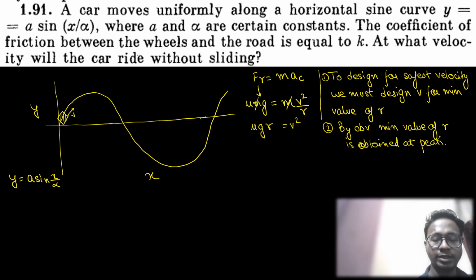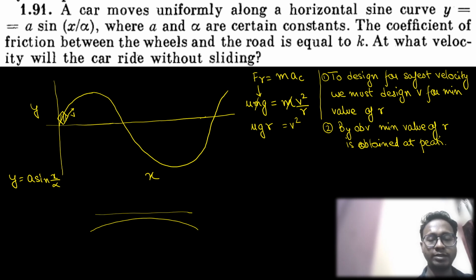How? See, if you have a flat line, the radius of curvature is very large. Now I curve it a little bit. The radius of curvature is a little bit smaller than the flat line. And if I have a curve like this, the radius of curvature will be lowest where the curvature of the curve is highest. So in this graph, can you see the curvature will be highest at these peaks?